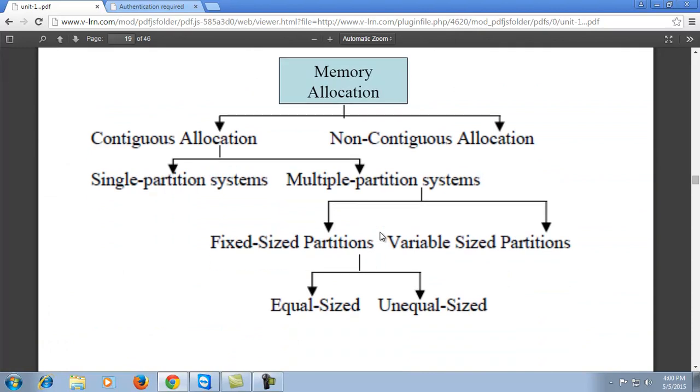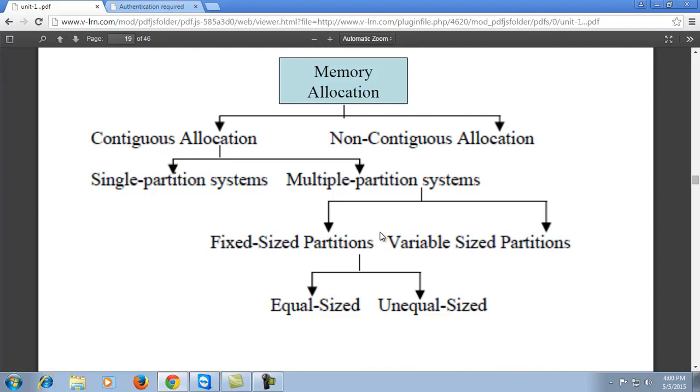This is the chart which represents contiguous allocation and non-contiguous allocation in memory allocation. We have the partition and two blocks, contiguous allocation and non-contiguous allocation. Contiguous allocation has a single partition system and a multiple partition system.